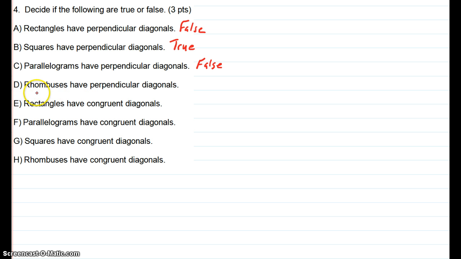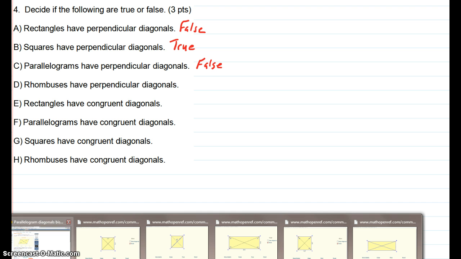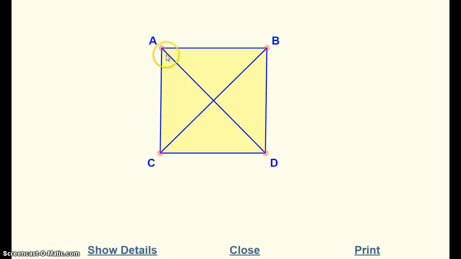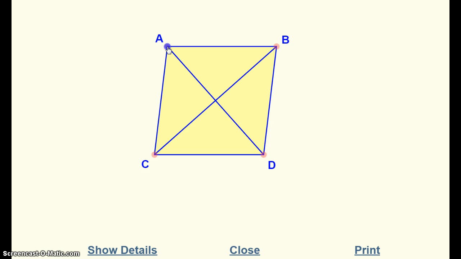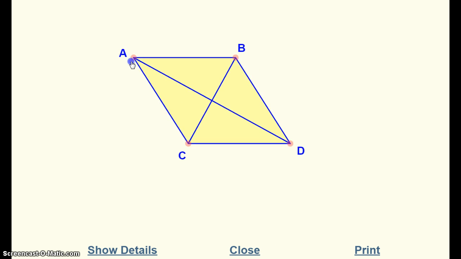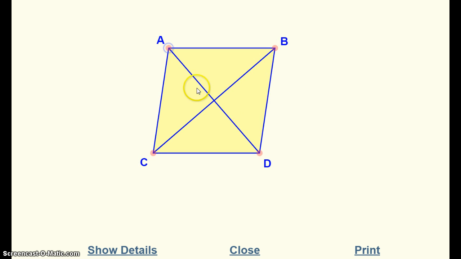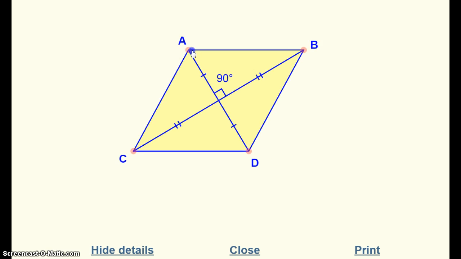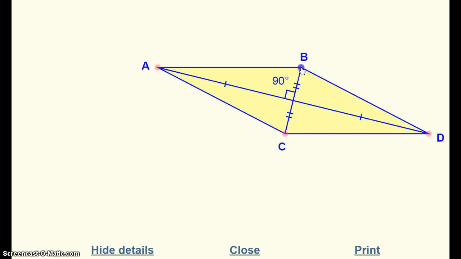Now the next shape is a rhombus. So let's take a look at a rhombus. Okay, so here we have a rhombus, and all the sides are the same. If you look at the diagonals, it looks like they are perpendicular, and this one actually shows that they are.